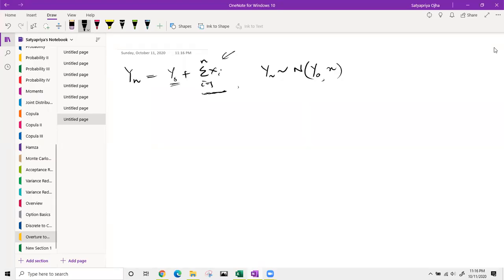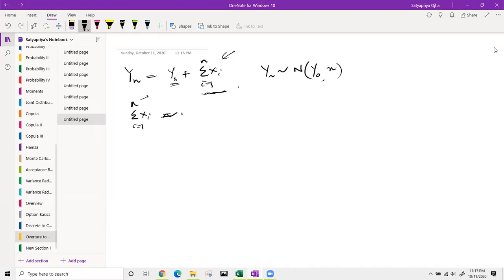This is not random, this is known. So this quantity is adding n independent Bernoullis, which is binomial. And we know if n is large in binomial, it approaches normal distribution.